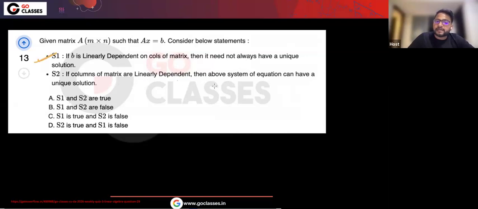If columns of matrix are linearly dependent, then above system of equation can have a unique solution. Is this true? No, this is false. So this is clearly false, right? So I can say S1 is true, but S2 is false. Okay. Yes. So we have seen this multiple times, that if columns are linearly dependent, then unique solution cannot be there. We have seen this multiple times.